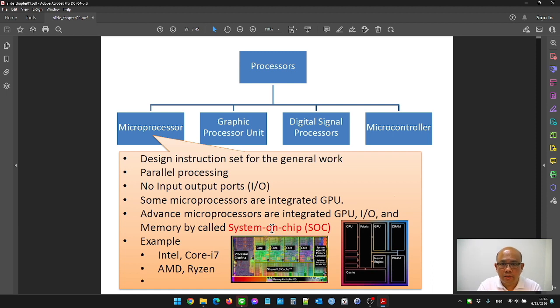What is the general work? General work relates to calculation: addition, subtraction, multiplication, calculation in advanced mathematics, sine, cos, tan, and also copying data, transferring data, bit check, and encoding. That is the general work. The microprocessor is the CPU in all computers and tablets that do general work.